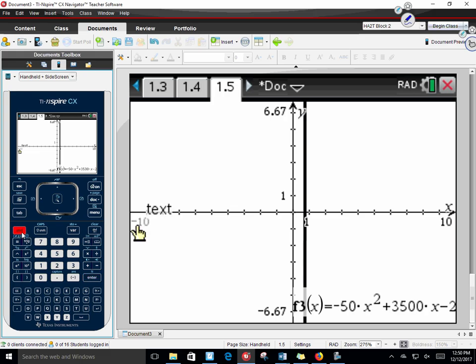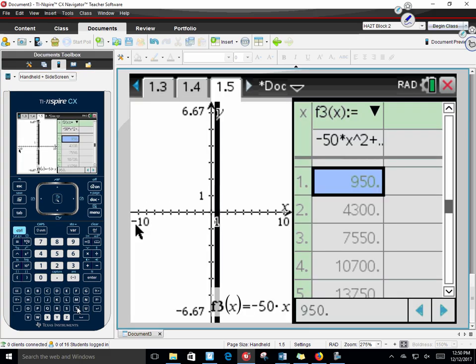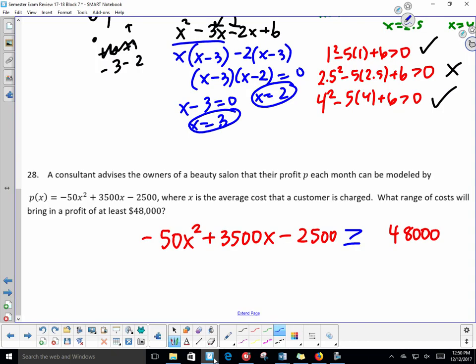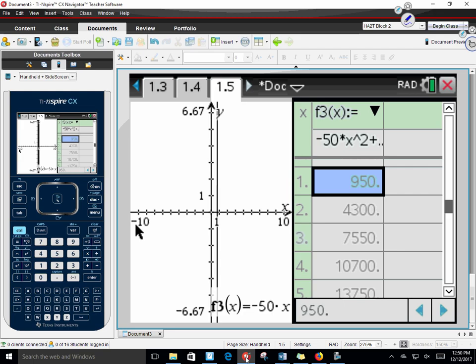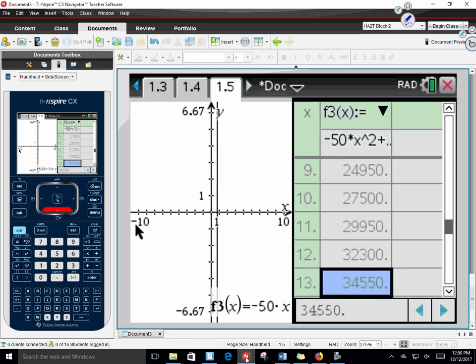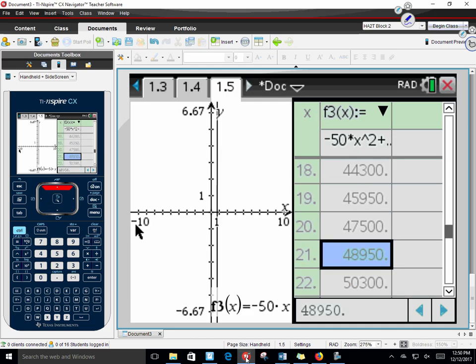Control T. Remember the X value here is the cost a customer is charged. If they charge $1, are they going to meet what they want to get for profit? No, it's only at $950. So you want to find the first X that gets you to that value. And it looks like $21 would be the first time that they hit that profit mark.